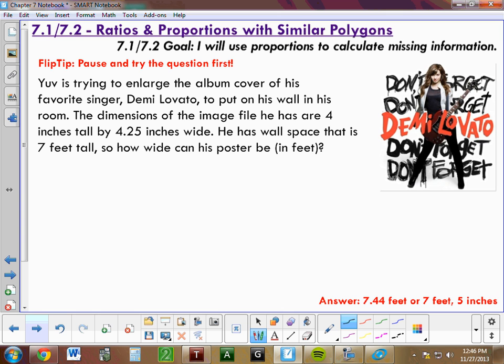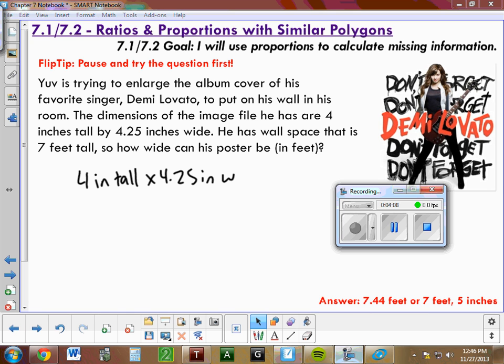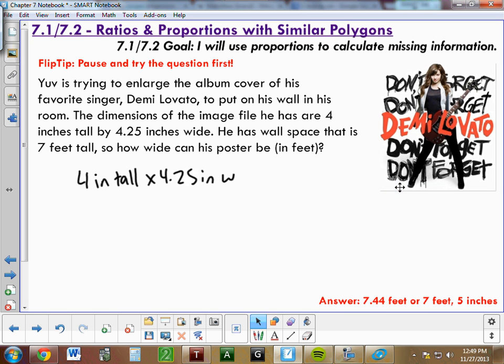It says Yuva is trying to enlarge the album cover of his favorite singer, Demi Lovato, to put on his wall in his room. The dimensions of the image file he has are 4 inches tall by 4.25 inches wide. So you've got these two dimensions. Sorry, I had to pause the video there for a second, so if there's a weird jump, I apologize.